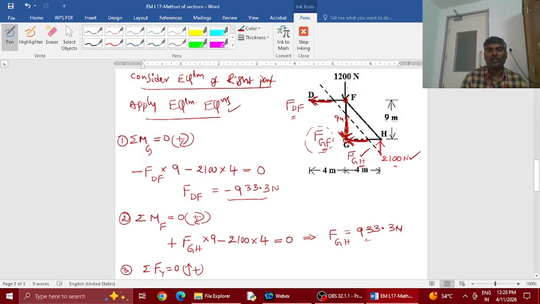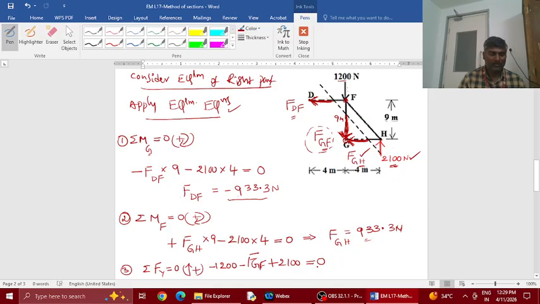What all vertical forces are there here? The 1200 applied force, the F_FG member force, and the reaction 2100. So 1200 is downward, I say negative. F_FG is also downward, negative. 2100 is upward, positive, equal to 0.